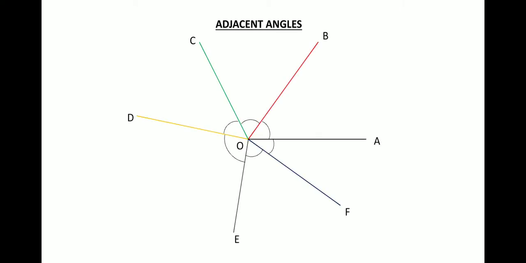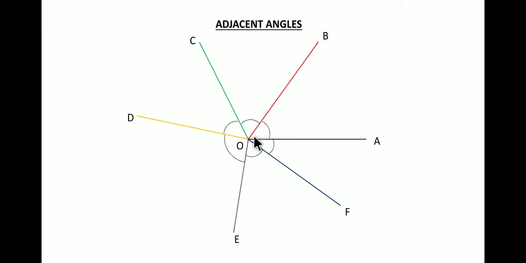Next, adjacent angles. So here we have this kind of angles. So let's say the first one is angle AOB. AOB and angle COB are side by side. So when they are side by side sharing a common arm, then we say those kind of angles as adjacent angles.